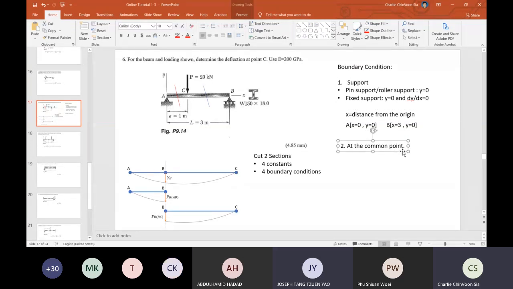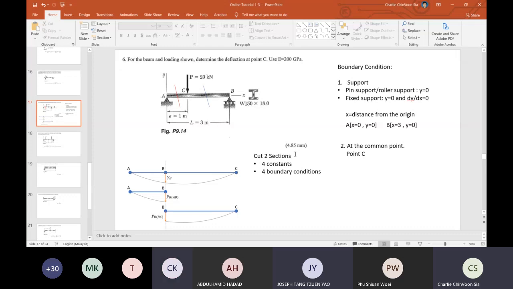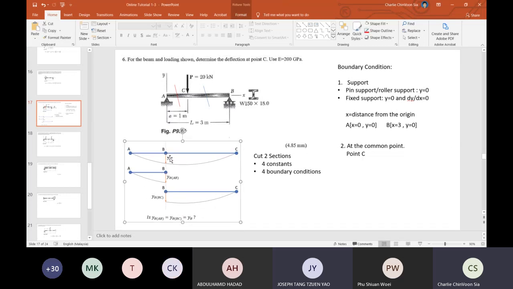Point C, right? Why point C? Because there are two sections, AC and BC. The easiest way is we need to cut two sections, AC and BC, so C appears twice. It is the common point. If you look at here, the bottom diagram, are you able to see the bottom diagram here?